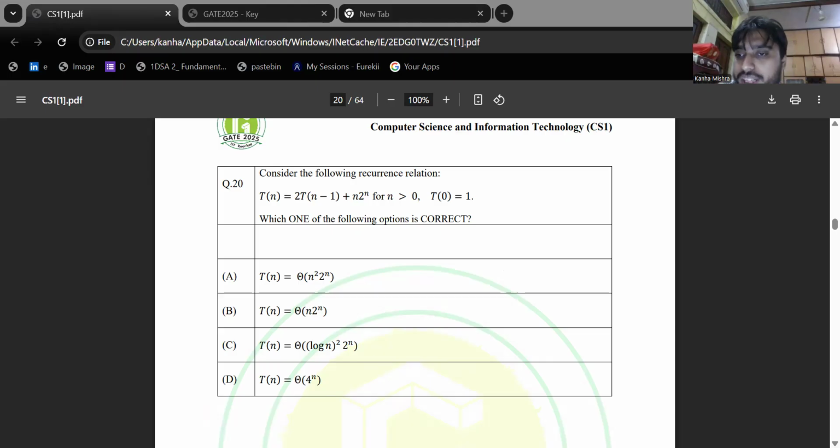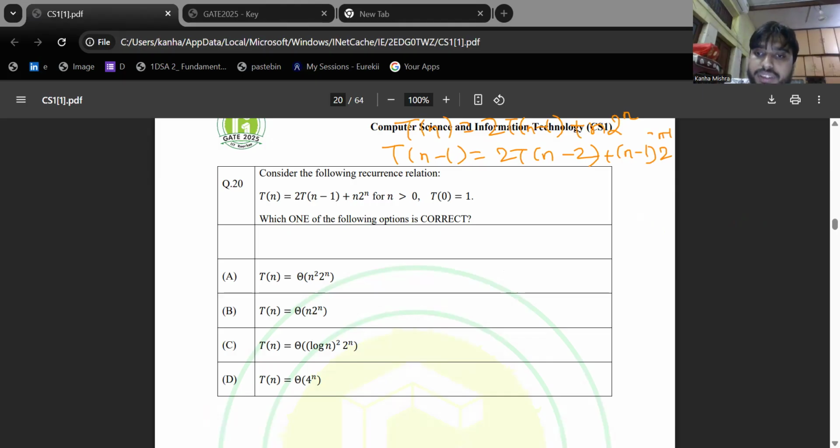So T(n) = 2T(n-1) + 2^n·n. This is equation 1. Let me write that in front, it will be better. So T(n) = 2T(n-1) + n·2^n. T(n-1) = 2T(n-2) + (n-1)·2^(n-1).